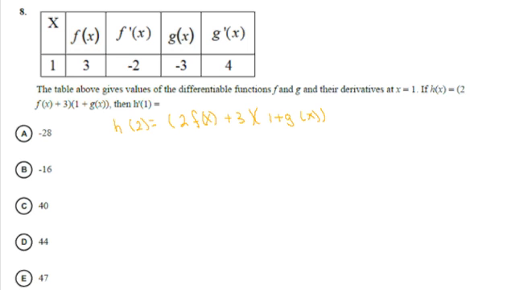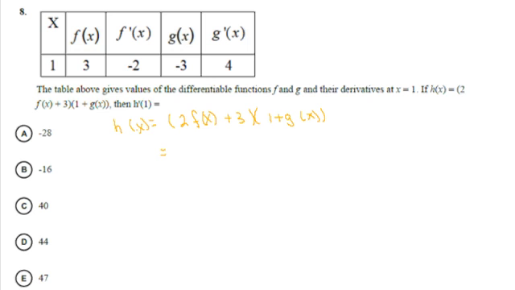And we want to know what is h prime of 1. Now, the way I want to approach this is rewrite my h of x. I can go ahead and do my distributive property because all of these represent numbers.